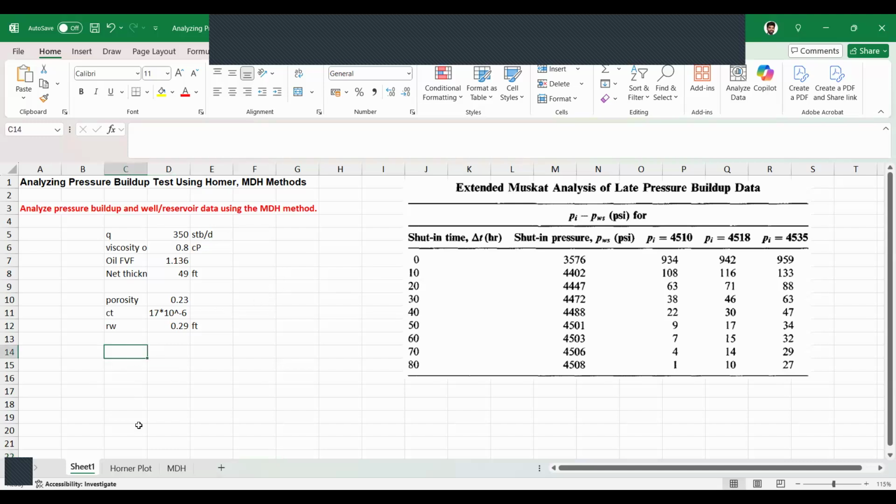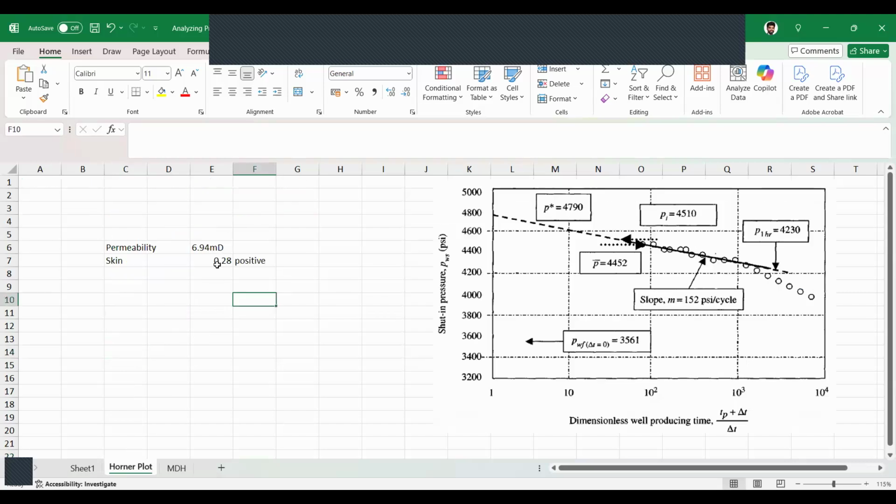There is one more thing. Since skin factor is positive in this analysis, you can also find out the delta P due to skin, the pressure drop due to skin. This is a very interesting conclusion from the transient flow equation, where we can calculate this as 0.869 times m times s. So m is the slope of the plot in psi per cycle, and s is the skin factor.